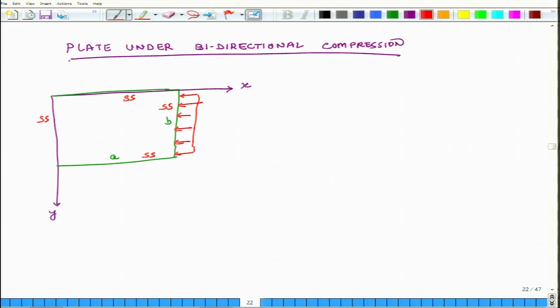It is getting compressed in this direction, and also in the other direction. Let us say this is n in the x direction, and the compression force resultant in the vertical or y direction is some constant k times n.